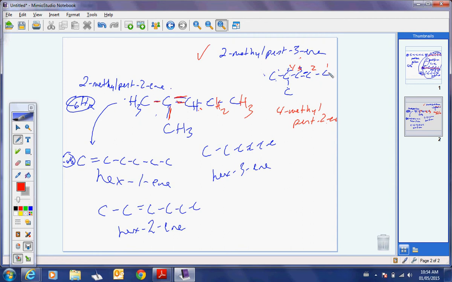If I numbered it this way, 1, 2, 3, 4, it'd be 4-methyl pent 2-ene. But 4 plus 2 equals 6, and 2 plus 3 equals 5. So therefore, this one wins, and I would be numbering it left to right, not right to left.